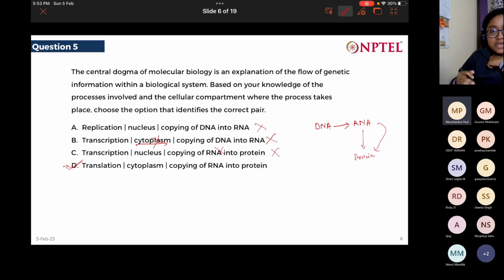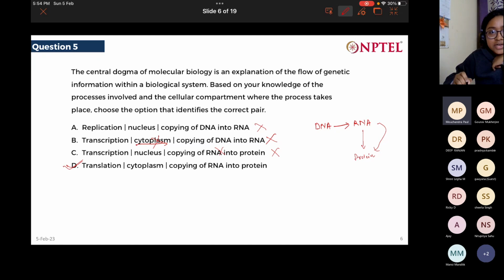The polypeptide chain itself can function, or it can associate with one or more other polypeptide chains and then function. So the protein is the functional unit; in every biochemical reaction in our body, some kind of protein is involved, either as an enzyme or hormone or anything, like receptors, ligands, etc. So this is the central dogma of molecular biology.